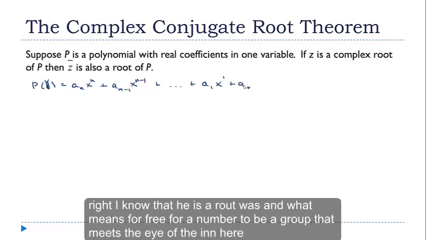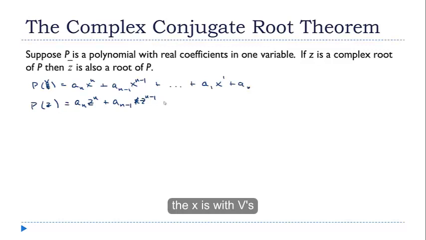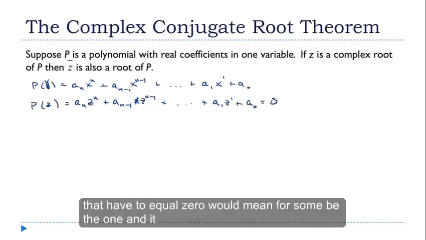All right, I know that z is a root. So remember what it means for a number to be a root. That means that if I put z in here, this becomes this, right? I'm just replacing all the x's with z's. And because z is a root, that has to equal 0.